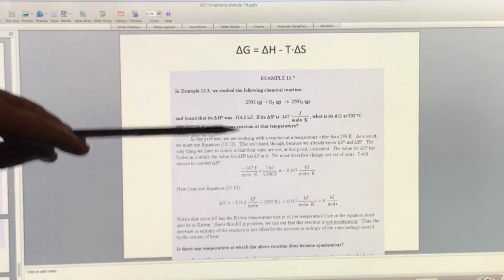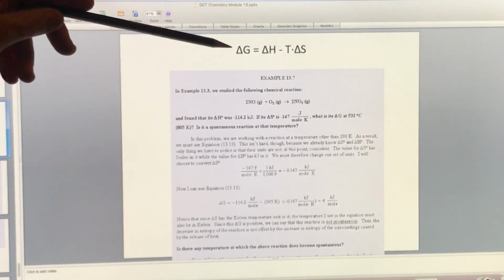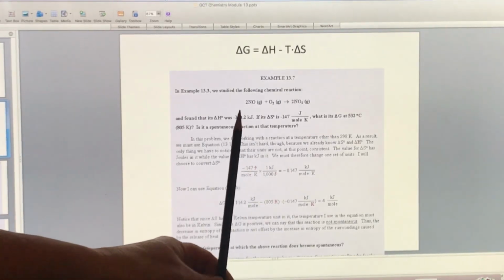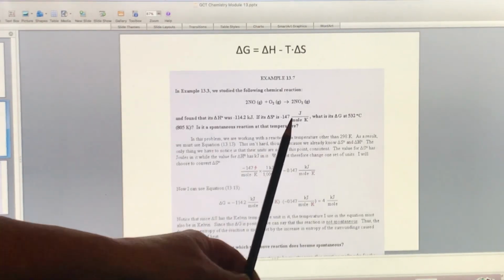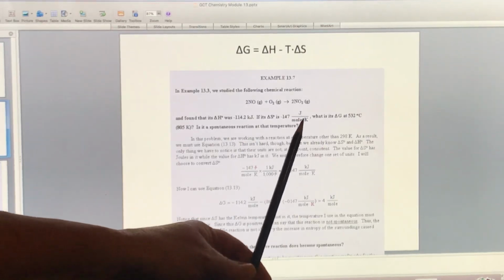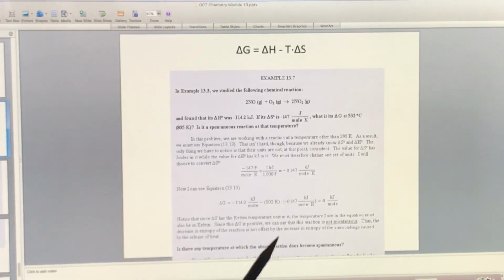So our goal is to work with this formula here to be able to input values into it and solve for delta G. However, we first have to reconcile these two units. We have kilojoules here and joules here. So we're going to convert the joules per mole Kelvin to kilojoules so that these units would be the same.